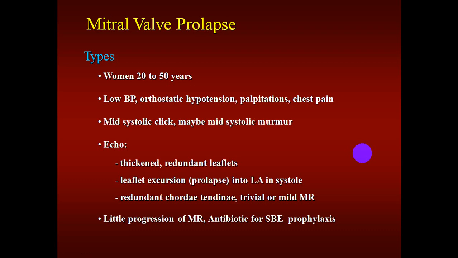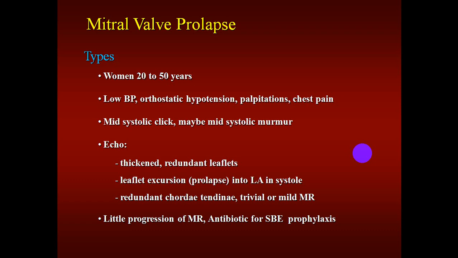Mild systolic leak, maybe a mid-systolic murmur too. In echocardiography: thickened redundant leaflets, anterior, posterior, or both, with leaflet excursion prolapsing into the left atrium in systole, and redundant chordae tendineae.